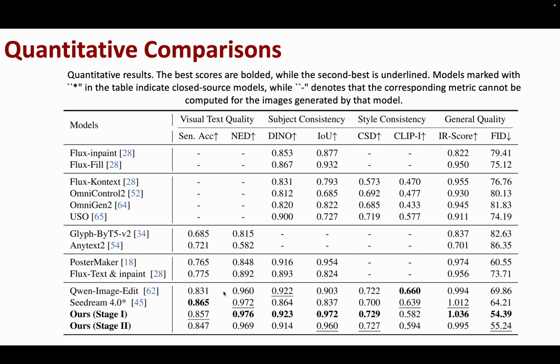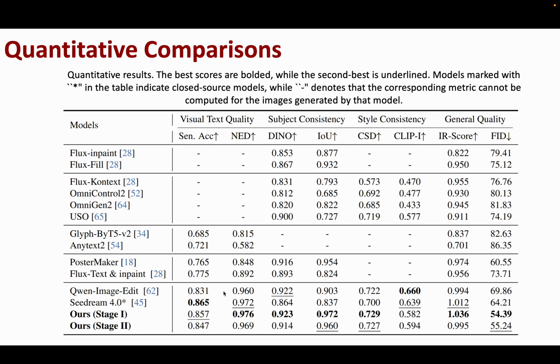demonstrating its practicality for multi-conditional product advertisement generation. The table presents the quantitative comparison across all baselines and our proposed InnoAds-Composer under two configurations, Stage I and Stage II. Overall, in Stage I, our method achieves the best performance in nearly all aspects. It obtains the highest Sentence ACC of 0.857 and NED of 0.976, indicating superior visual text generation quality.